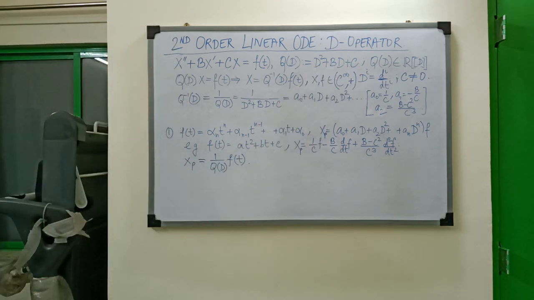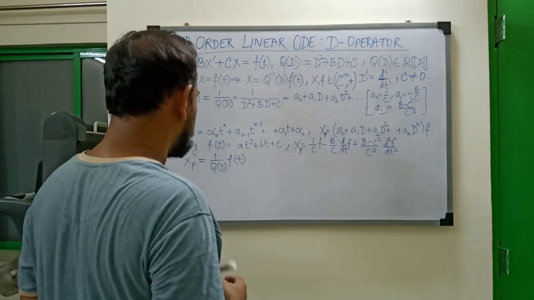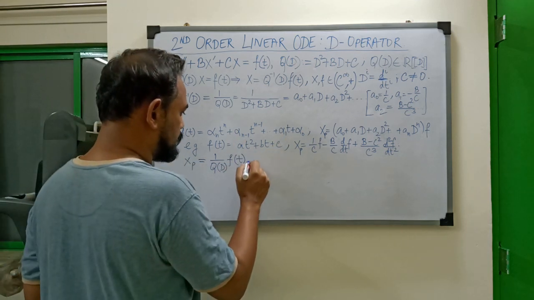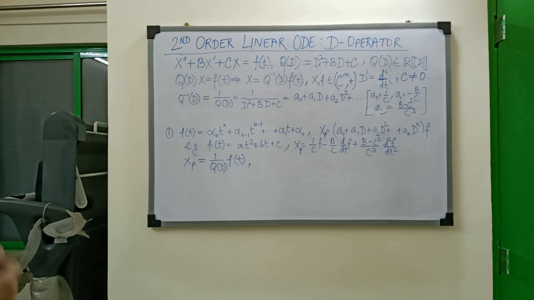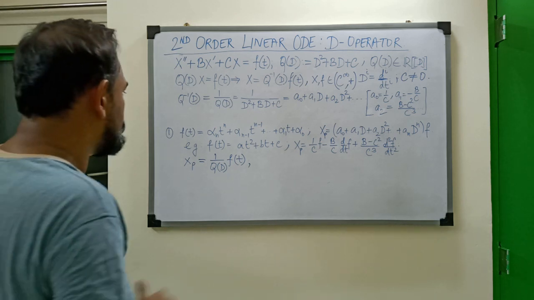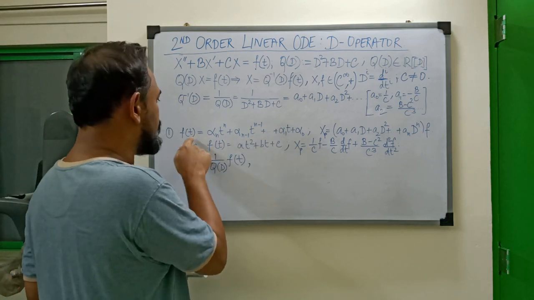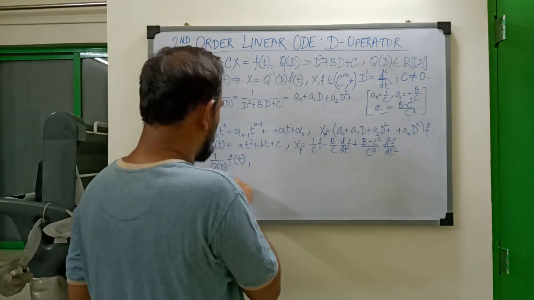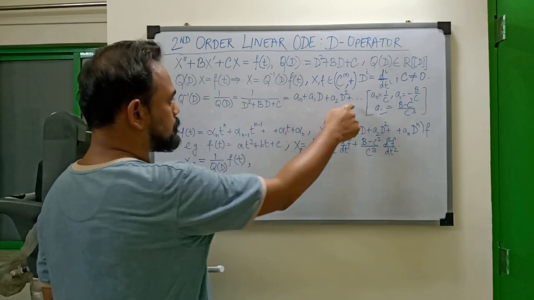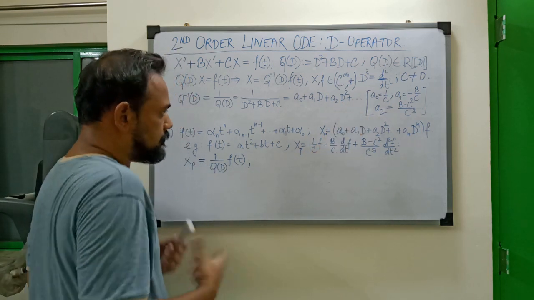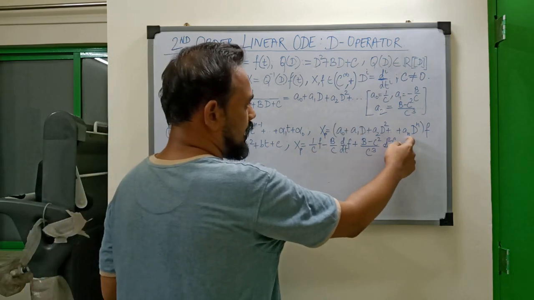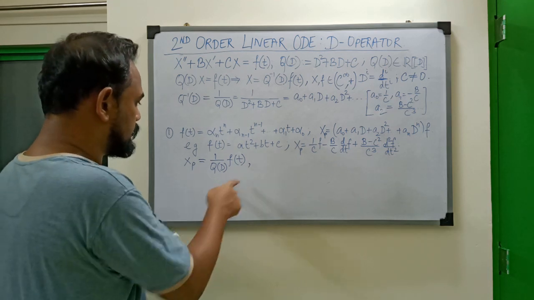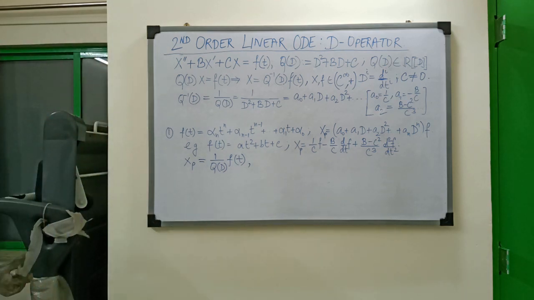And that's the first thing that we've learned here. If the input is a polynomial of degree n, we expand this 1 over QD up to the nth value An, and then just make it act on F, and you would have your answer. You would have your particular solution.